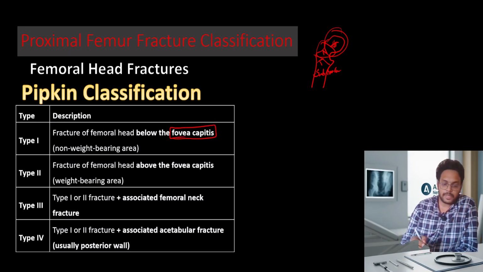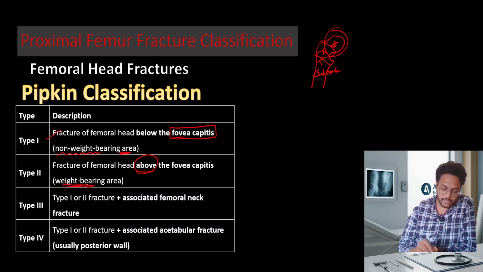Below the fovea capitis is the non-weight bearing area, so if the fracture occurs there, it is type 1. If it is occurring above the fovea capitis, in the weight bearing area, it is type 2. So below is type 1 and above is type 2.